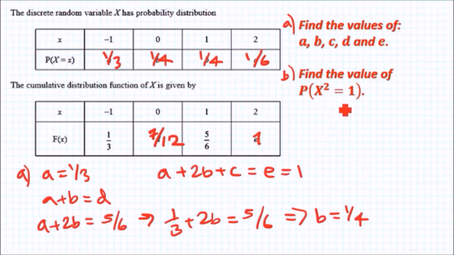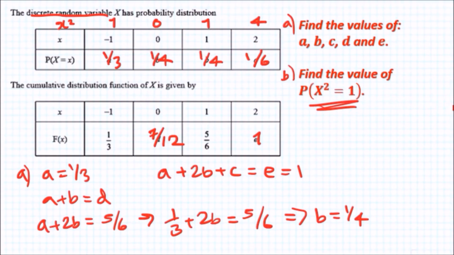Alright, now for part B, finding the probability when x squared equals 1. Because it's a probability, it's going to be a discrete random variable. Because we're doing x squared equals 1, we need to make a new variable here, call it x squared, and then square every single value here. So the square of -1 is 1, the square of 0 is 0, then 1, and then 4.